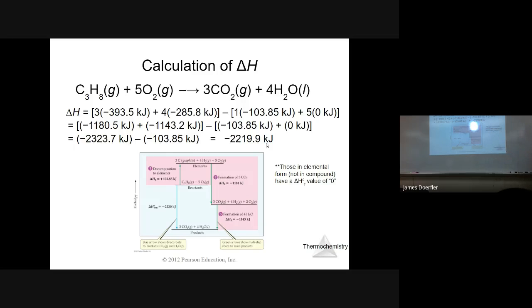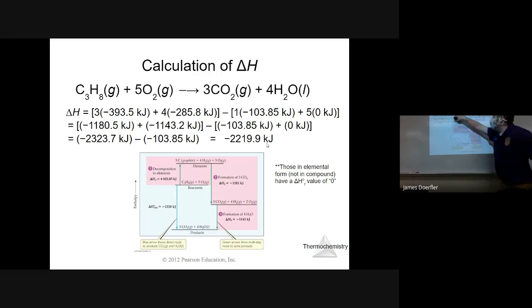So, you will not find a delta HF value for elements in their natural form. They do not provide any enthalpies of formation. So it just gets a big old donut.